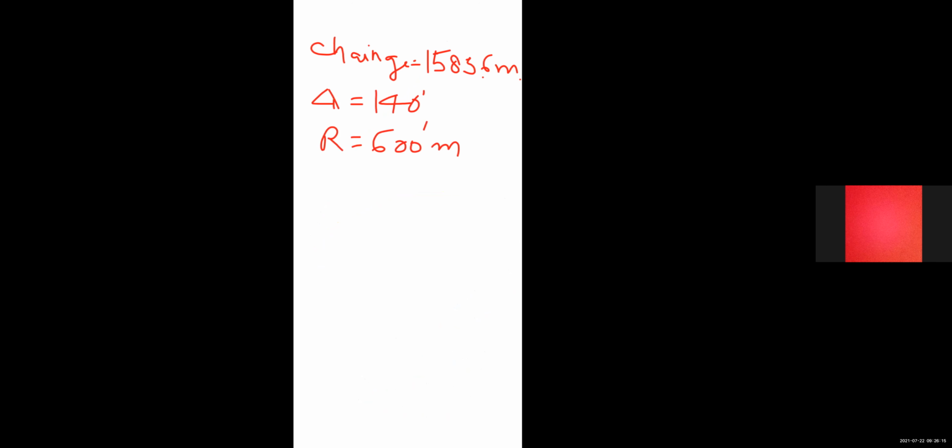So we have to find the tangent distance and length of curve in the circular curve section. This is the diagram. Circular curve, here is the center of the circular curve, O.